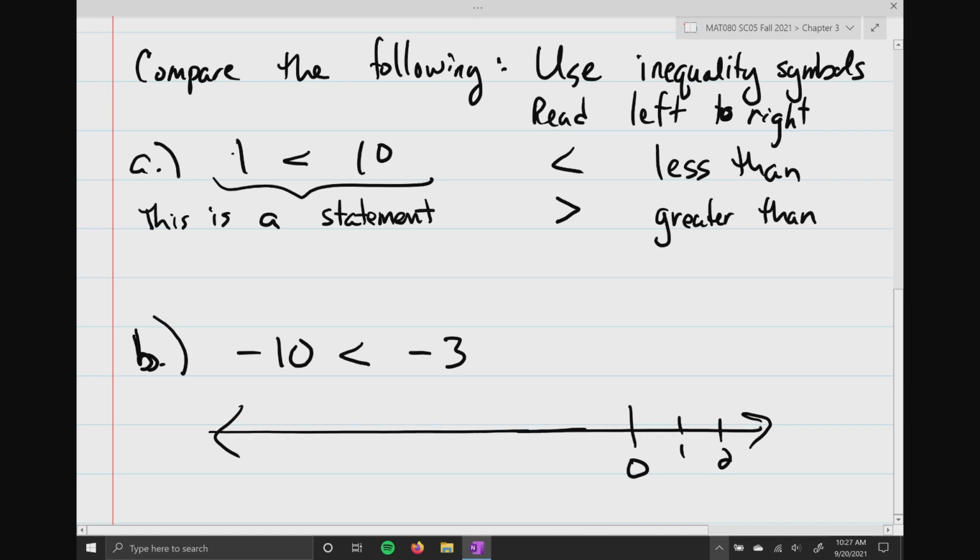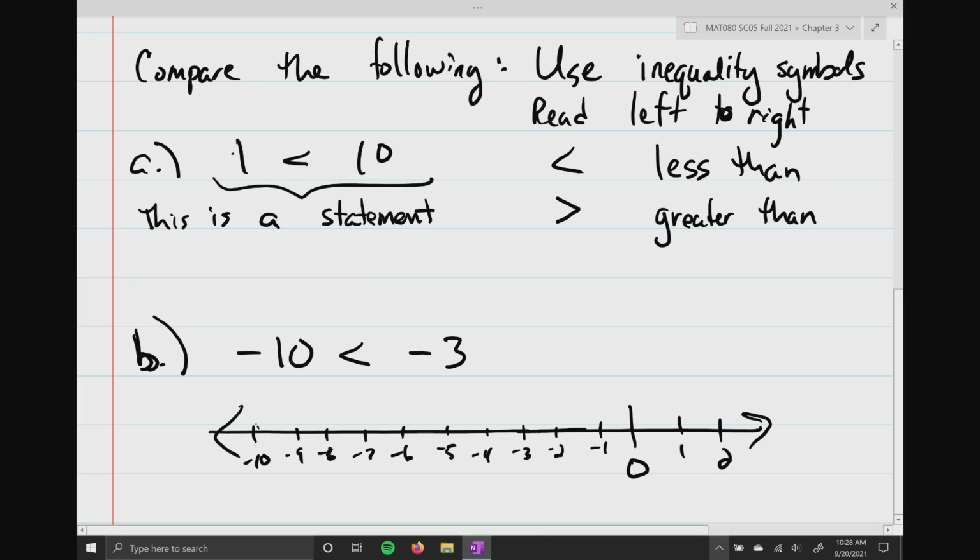But watch what happens on the other side. Negative 1, negative 2, negative 3, negative 4, negative 5, negative 6, negative 7, negative 8, negative 9, and negative 10. So what I'm going to do here is just plot these two numbers: negative 10 and negative 3.